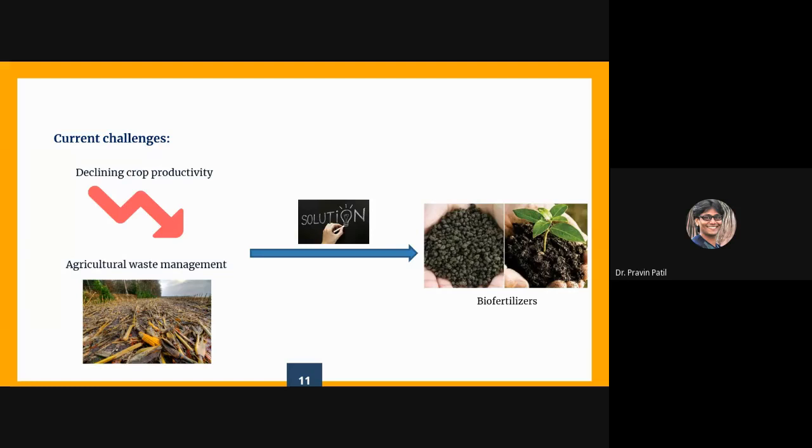This source could be used in different ways. Either we can use it as a carrier. What is a carrier? I'll come to that part in the next session. We can also use those biomasses for the production of particular microbes, which are again used as biofertilizers. So we have to take the problem into account and find a solution.